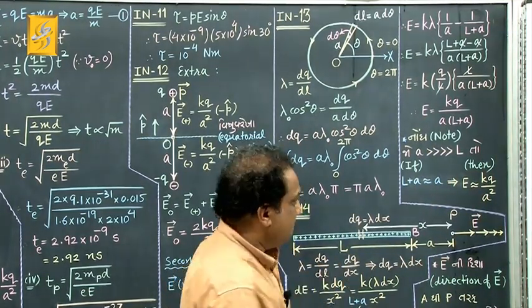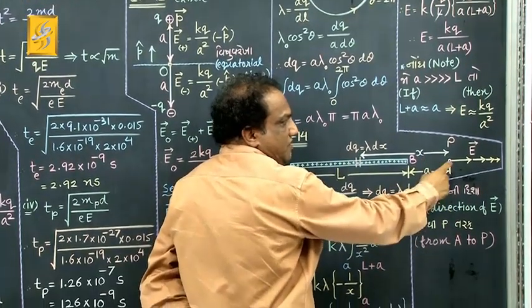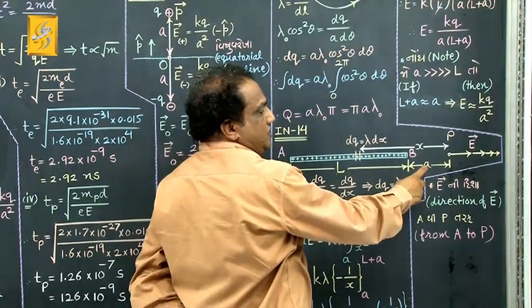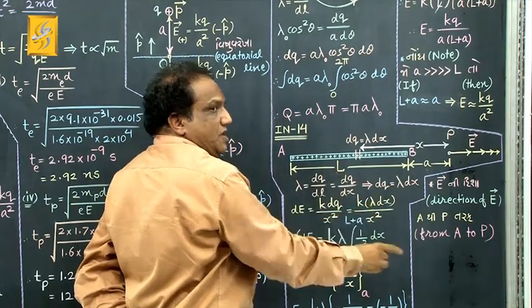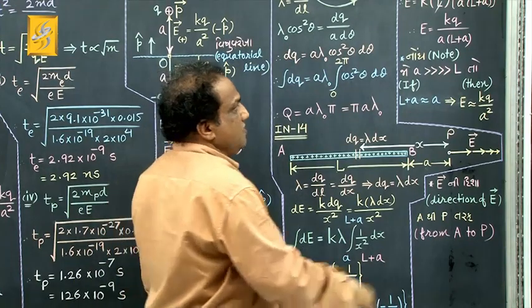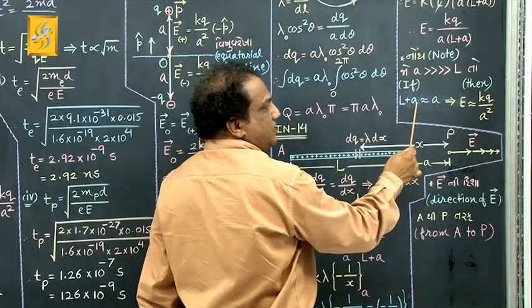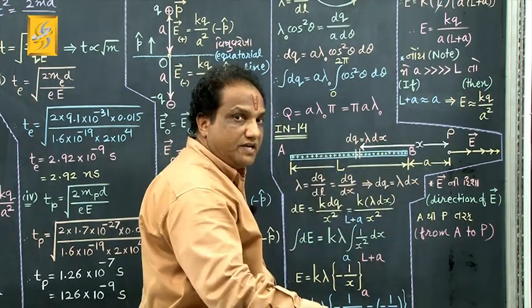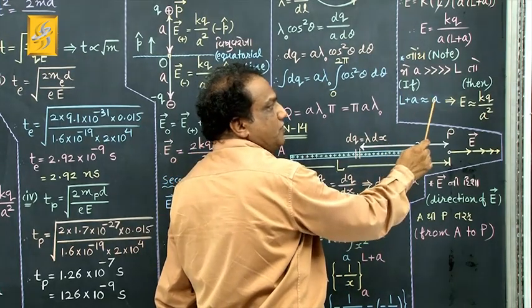Look, what is that note? This axial point lying on the axis of this wire, if you consider it very far, then this value of a will be very large as compared to this length. If the value of a is very large as compared to the length, then mathematically when a is very much greater than L, in place of L plus a, because a is very large, L can be safely neglected in the addition, and if you neglect L, then this addition is as good as a.